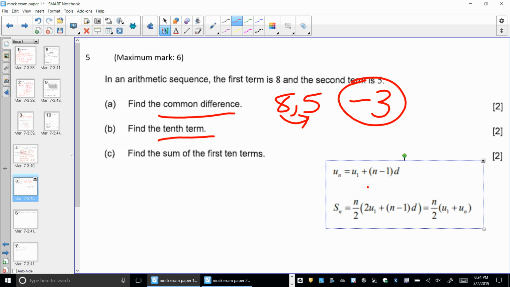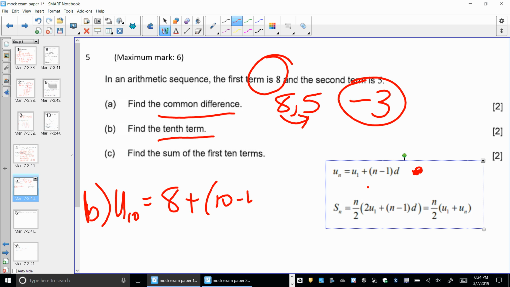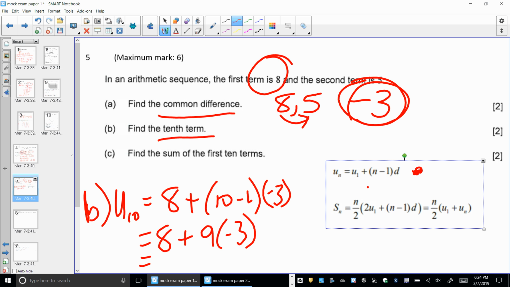We know that this is the one that talks about term numbers, so u10 would be u1, which they told us was 8, plus 10 minus 1 lots of -3, equals 8 plus 9 lots of -3, 8 take away 27, which is -19.